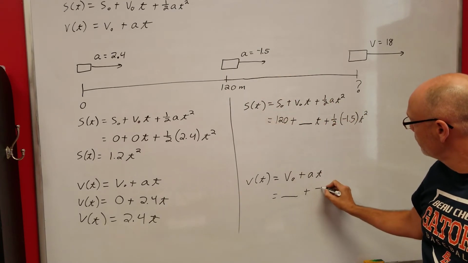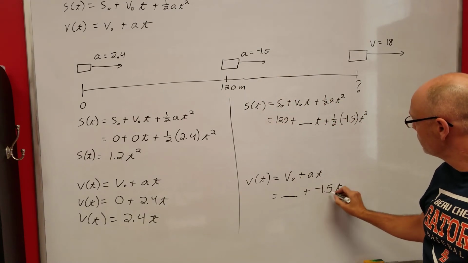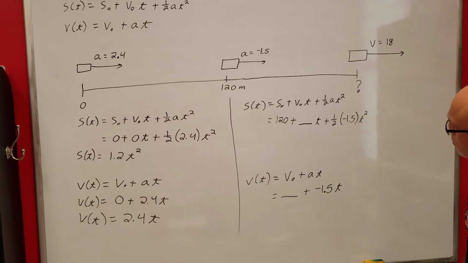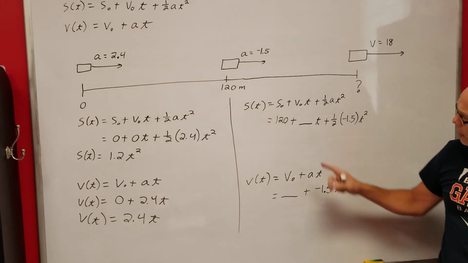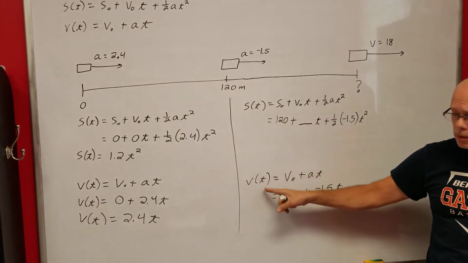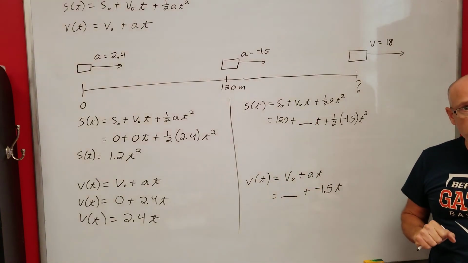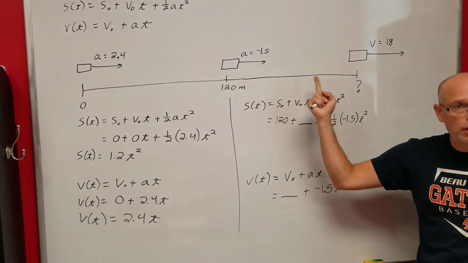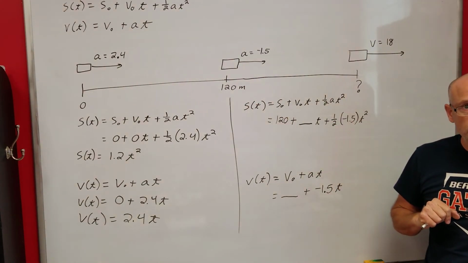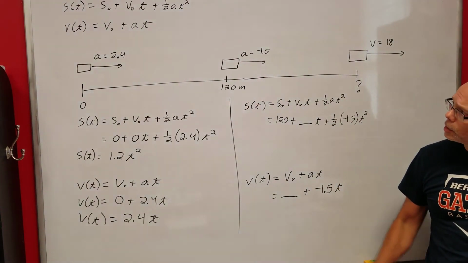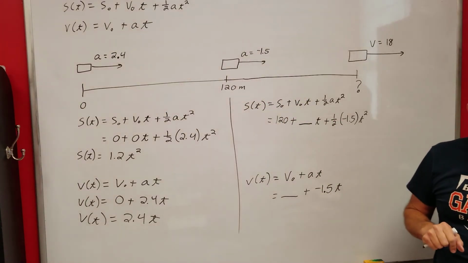A is negative 1.5 times t, right? Now, I will have these two functions right here if I have v subscript of 0, or my initial velocity for this part, right? Let me think of how I can find my initial velocity for this part.